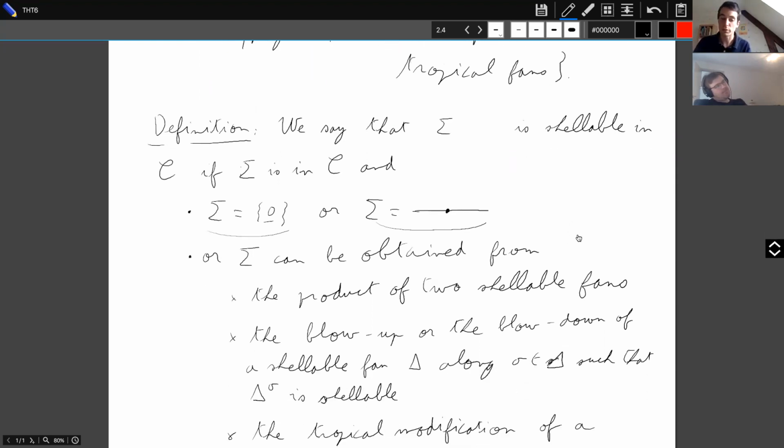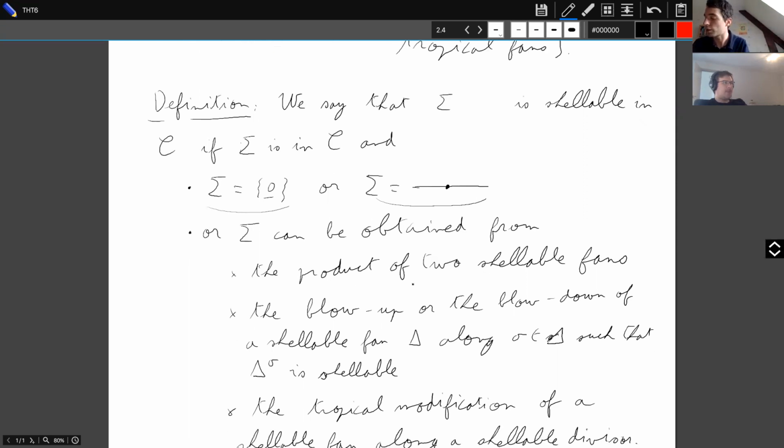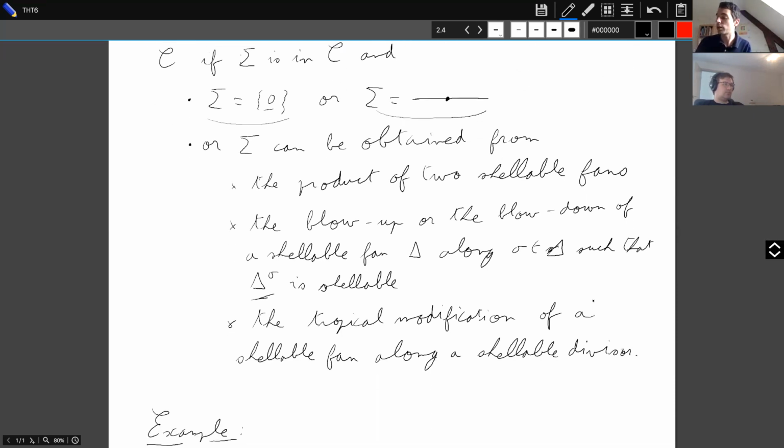Or if sigma can be obtained from other shareable fans in C, either as a product of two shareable fans, or as a blow-up or blowdown of a shareable fan, provided that the corresponding star fan is shareable, or as a tropical modification of a shareable fan, providing that the divisor is shareable. Okay, so really we take everything that we can reach with multiplication, blow-up, blowdown, and tropical modification.